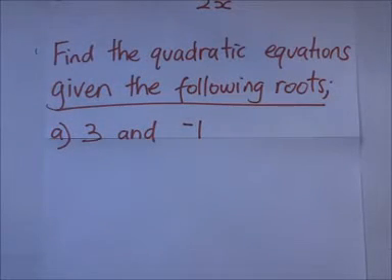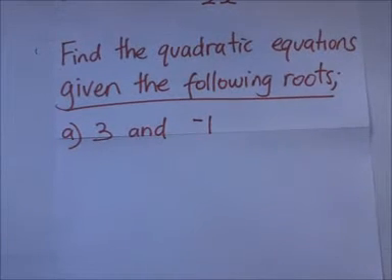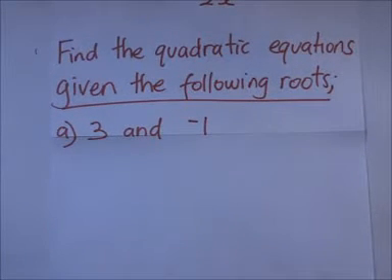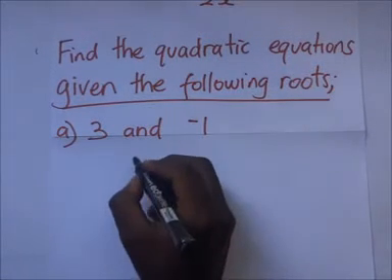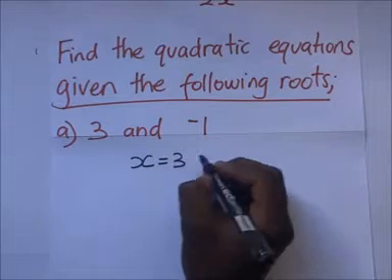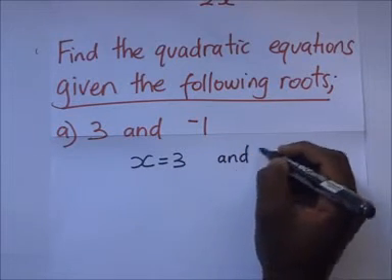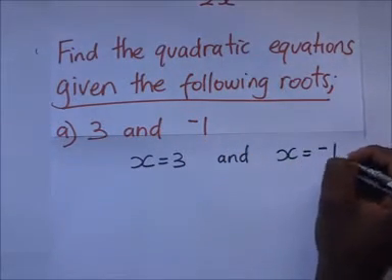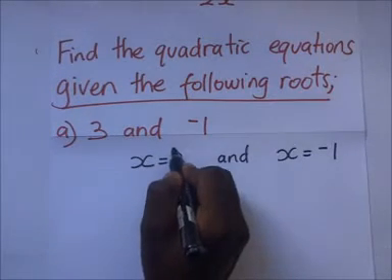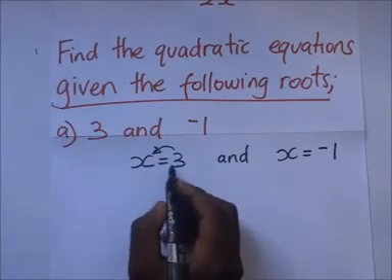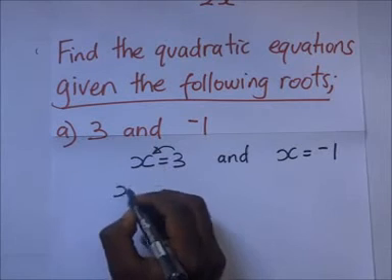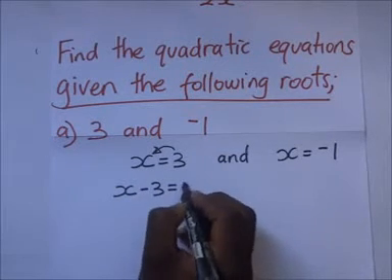So let's find the quadratic equation when the roots of that equation are 3 and -1. Now, when the roots of this quadratic equation are 3 and -1, it means that at first the value of x was 3 and also the value of x was -1. So we shift that 3 back here, and of course when it crosses the equal sign, it becomes x minus 3 is equal to 0.